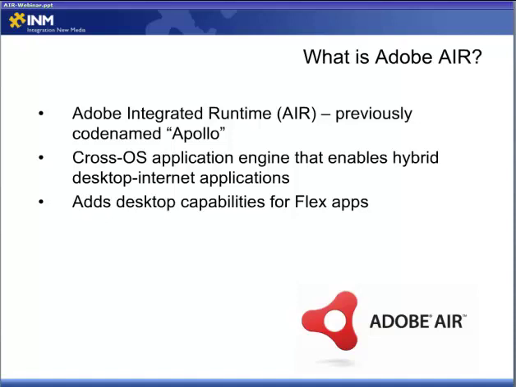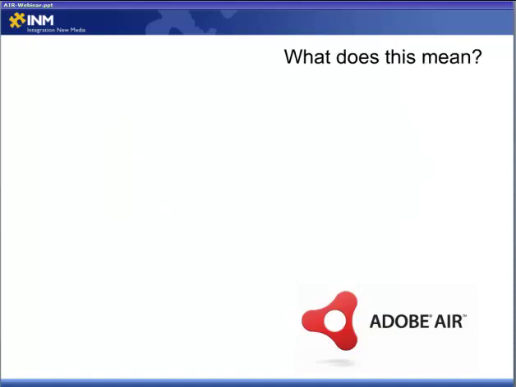Essentially the way that they're pitching this is it allows you to take the capabilities of a Flex application on the web or an HTML application on the web and package it so that it's available on the desktop. But what does this really mean when we get into AIR?